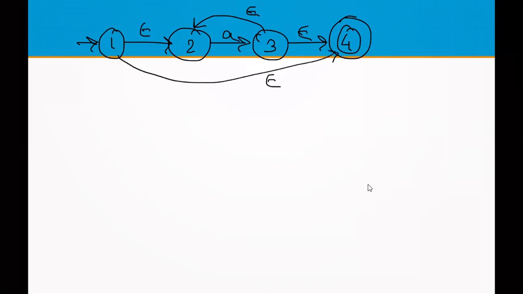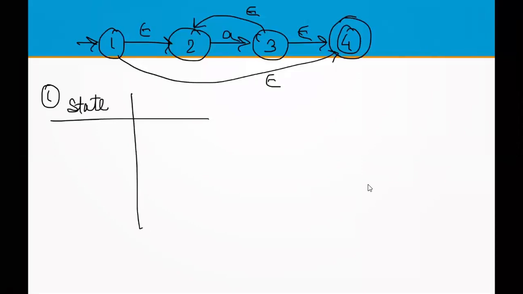So the first step is to compute the epsilon closure of all the states. So my states are 1, 2, 3, and 4, and this is the epsilon closure. For 1, on epsilon it can go to 1, it can go to 2, and it can go to 4.